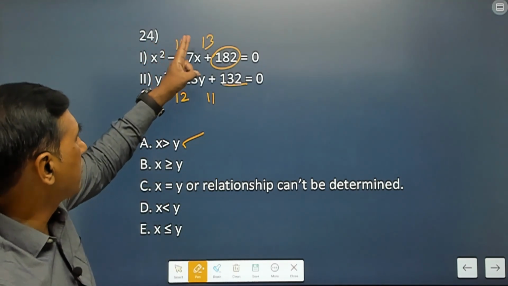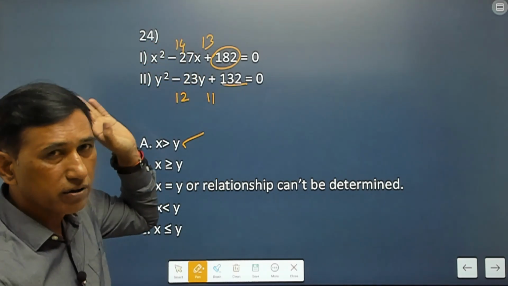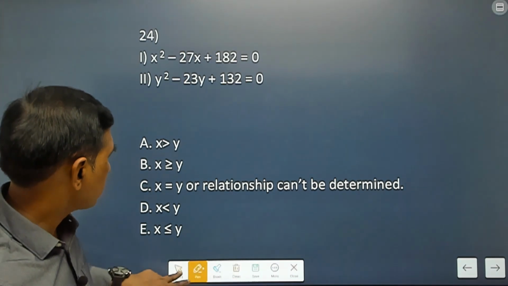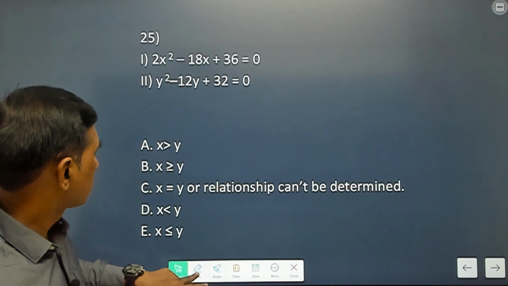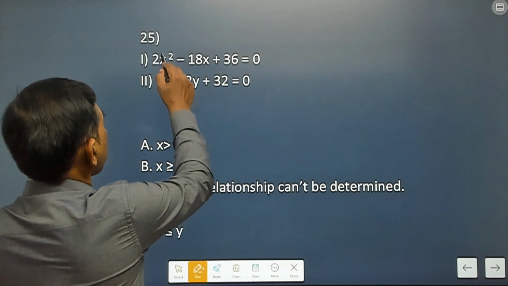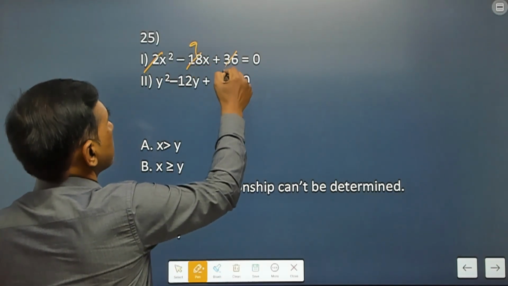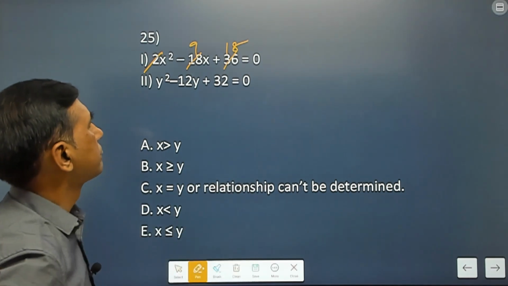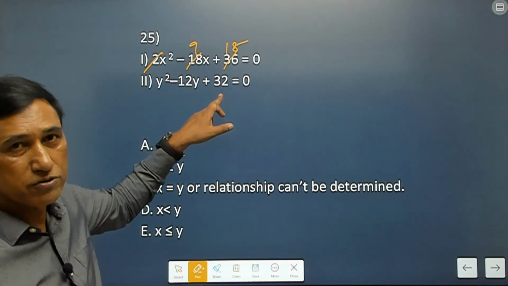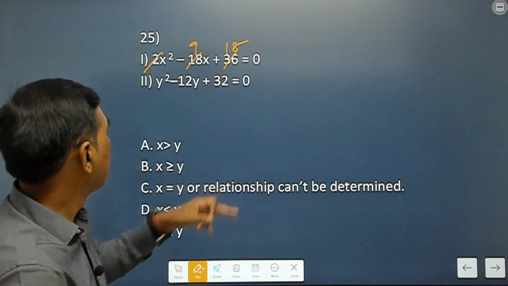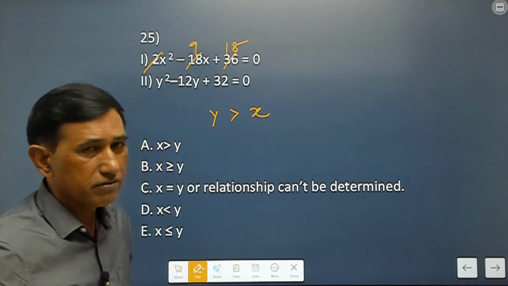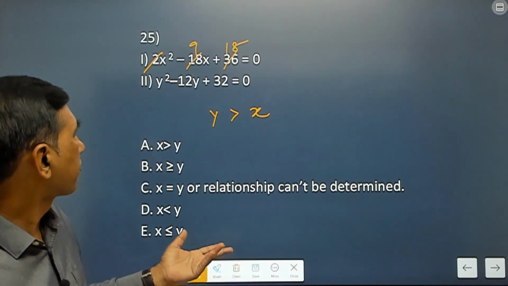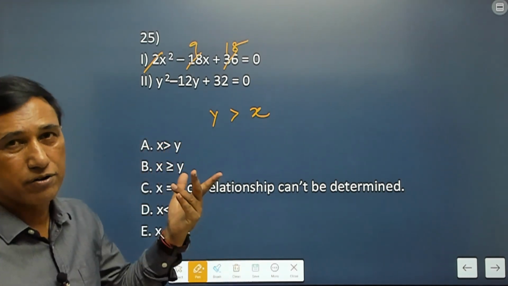X is plus 14, plus 13, plus 12, plus 11. 980. Since this appears to be bigger number, so chances of y being greater than x is more. Now equal we have to find out.